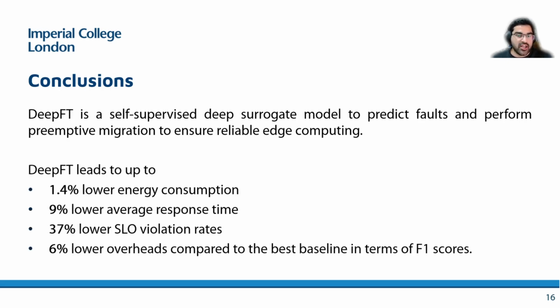Specifically, DeepFT achieves an improvement of 1.4%, 9%, and 37% for QoS characteristics of energy consumption, response times, and service level agreement violations. It is also able to correctly identify faults, giving higher classification and diagnosis accuracies than state-of-the-art methods. And DeepFT is able to achieve this with 6% lower overheads compared to the baseline method with the highest F1 score. This makes DeepFT an ideal choice for reliable edge computing with time-critical applications.